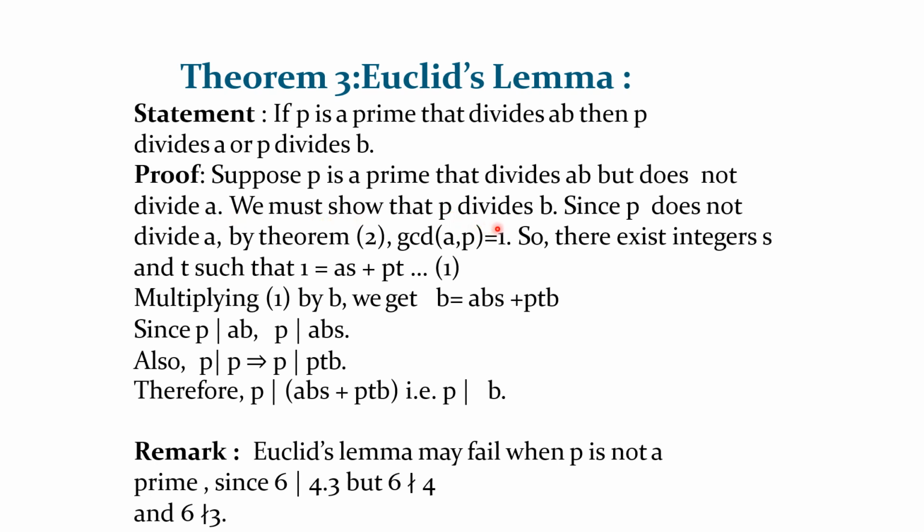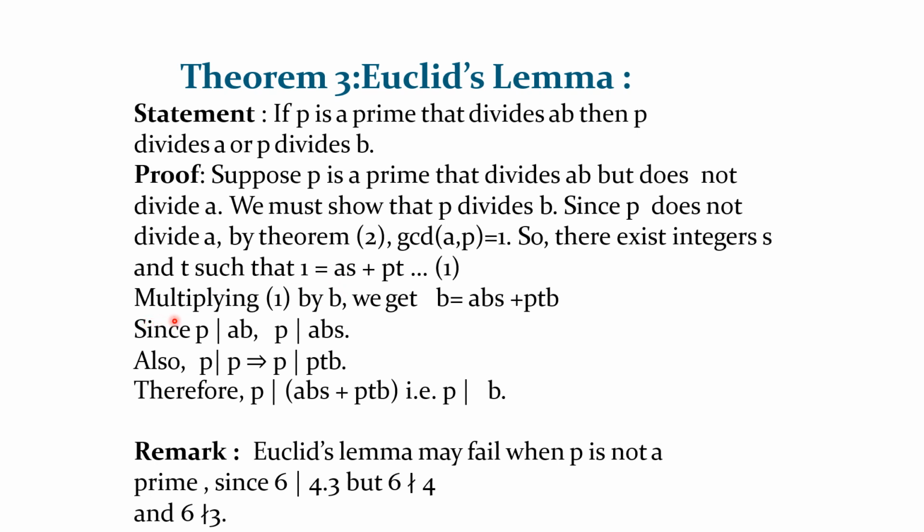As we are assuming that p does not divide a, by the previous theorem GCD of a and p is equal to 1. Now already we have seen that GCD can be expressed as a linear combination of given integers. So the GCD 1 can be written as a linear combination of a and p. For that there exist some integers s and t such that 1 is equal to as plus pt. Now call this equation number 1.